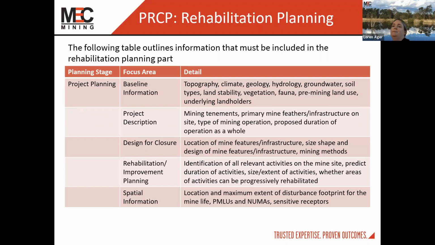So one of the main purposes of PRCP is to plan for how and where environmentally relevant activities will be carried out on the land in a way that maximises the progressive rehabilitation of the land, so that it becomes a stable condition. This can be done through that design for closure process, and it ensures you have a good understanding about closure costs upfront when you start a mine or once you complete a design for closure.